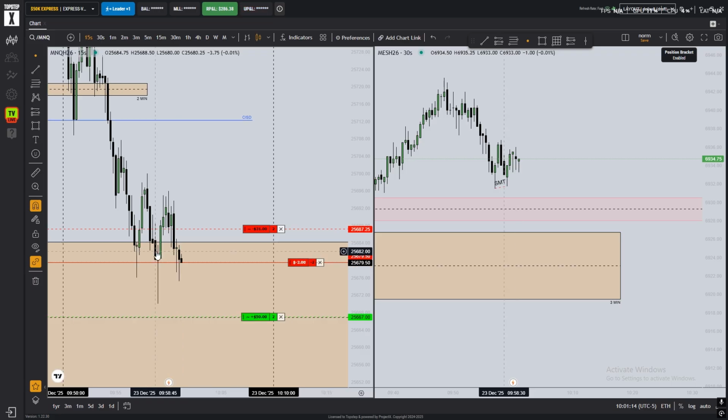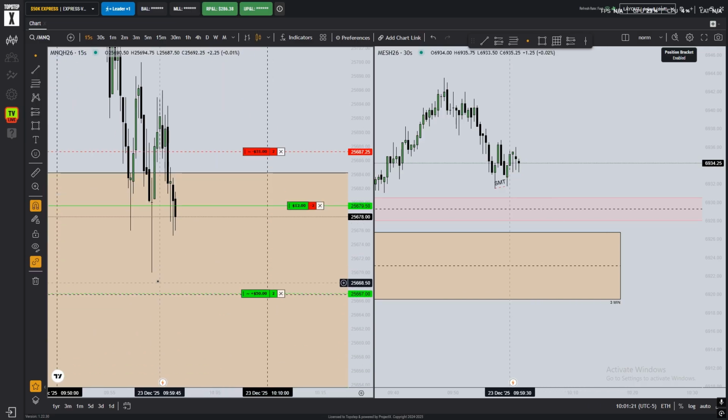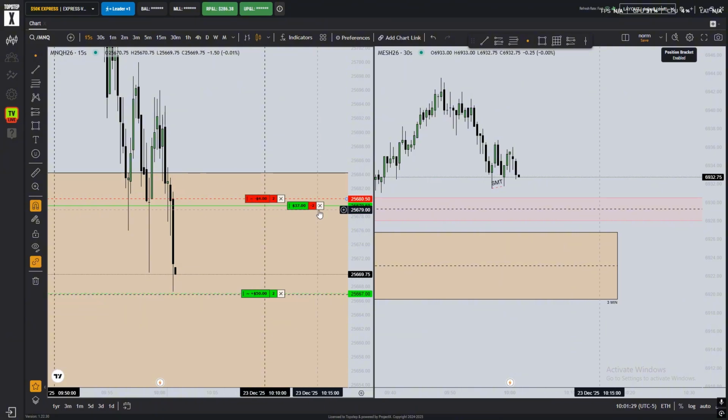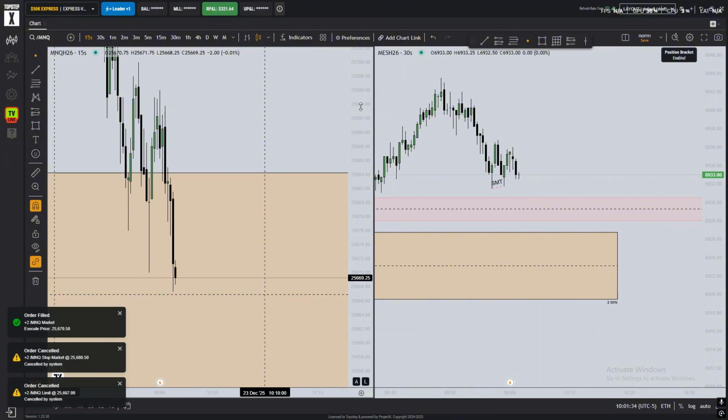But that's because we invalidated that gap right there, just based off of these candles coming in. So as soon as we get down to here, just tighten up the stop. And I'm showing you guys how you still can capitalize. Order filled. We're done there.